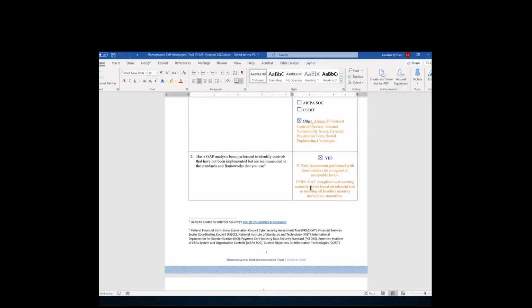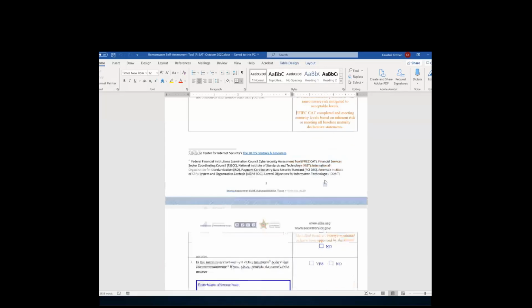Definitely, if all of your baseline maturity levels and declarative statements haven't been met, that would be considered a gap that needs to be addressed and remediated. I would comment accordingly here, just to provide more detail around the yes.